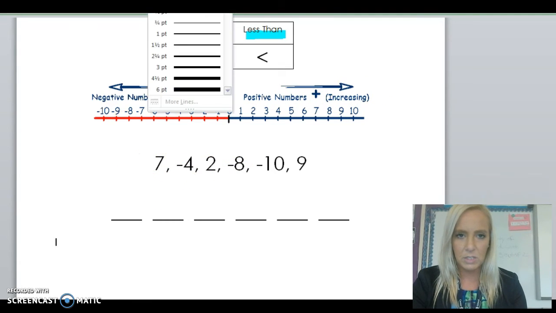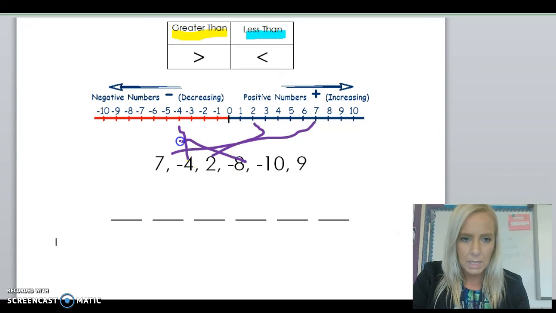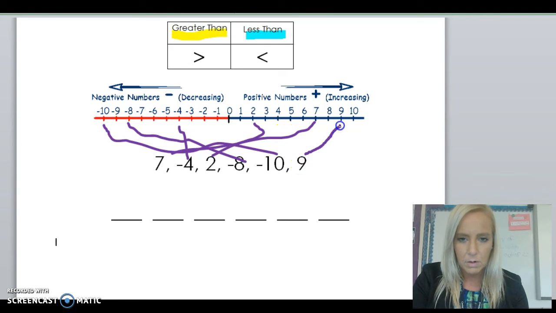So if I look at each of these digits, 7 would be located here. I have -4, +2, -8, -10, and then +9. So if I were to order them, looking at my number line, -10 would come first.